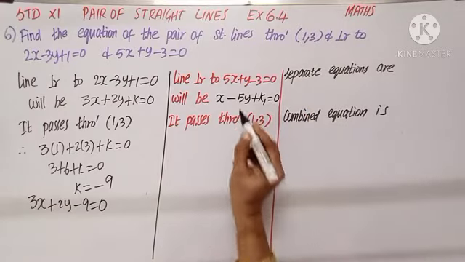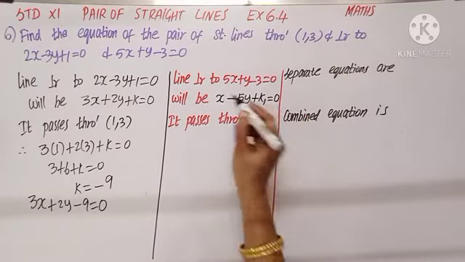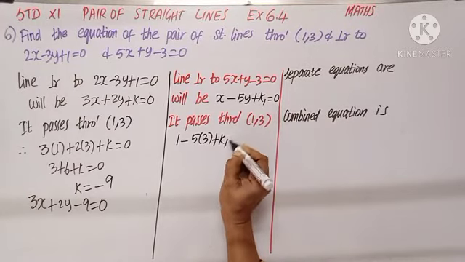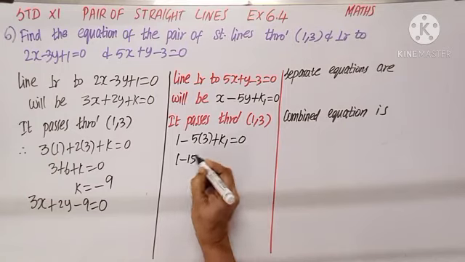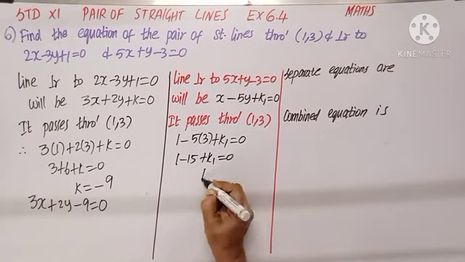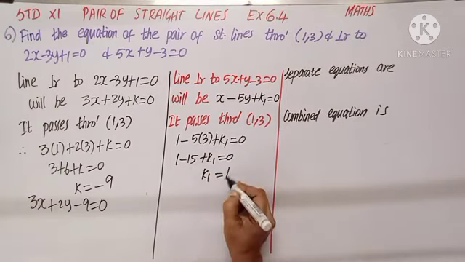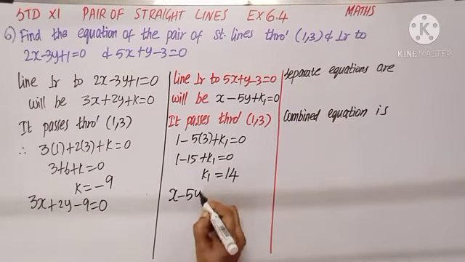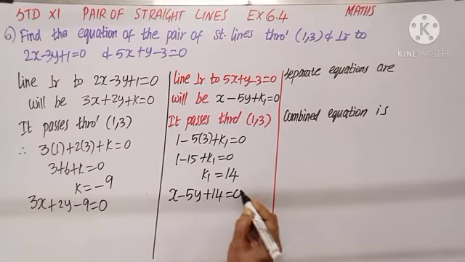This is passing through (1, 3). Substituting, 1 minus 5 into 3 plus k1 equals 0, 1 minus 15 plus k1 equals 0, or k1 equals 14. So the equation will be x minus 5y plus 14 equal to 0.